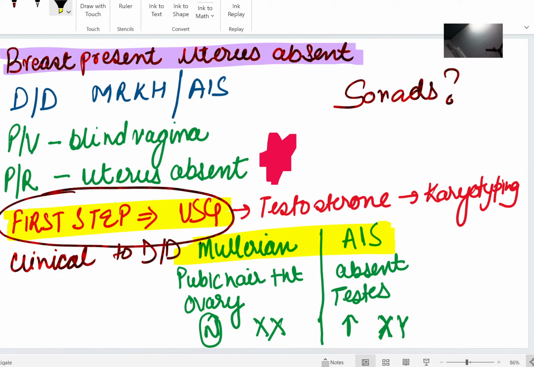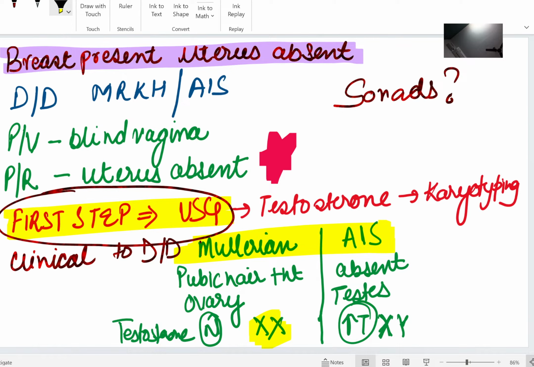The testosterone is normal in Mullerian agenesis, whereas in AIS, testosterone is much in excess. The karyotype is XX in Mullerian agenesis, whereas the karyotype is XY.